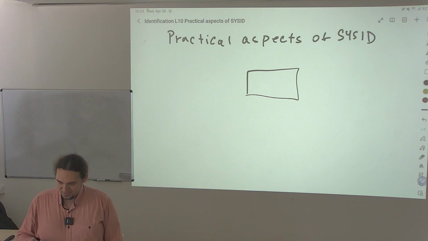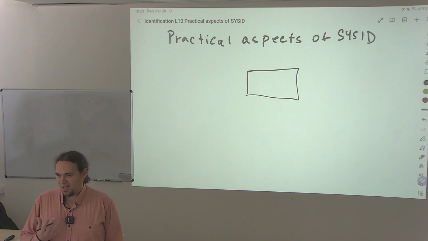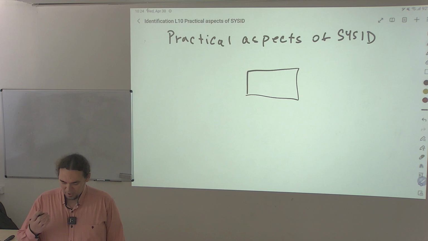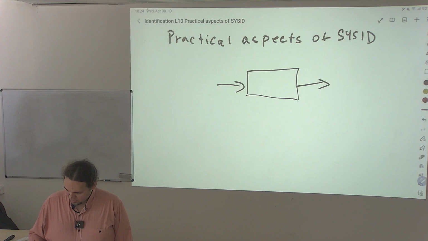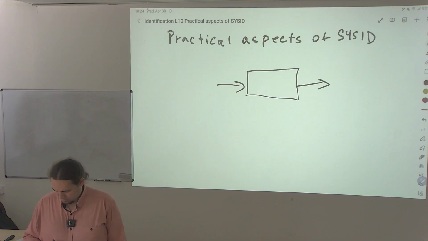Basically, it starts with what are all the necessary steps? What is the algorithm if I'm seeing some black box, if I'm given some task?